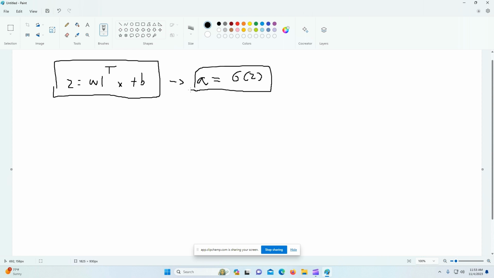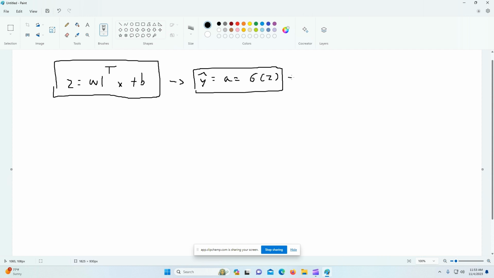And then we're going to take the loss of this function, and actually it's better if I say y pred is going to equal a, which is equal to the sigmoid of z.